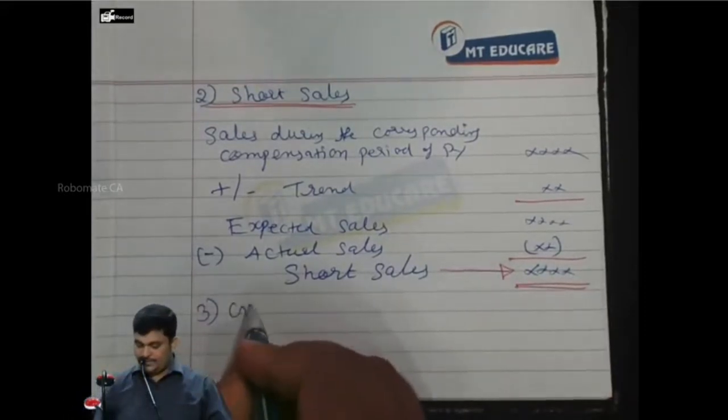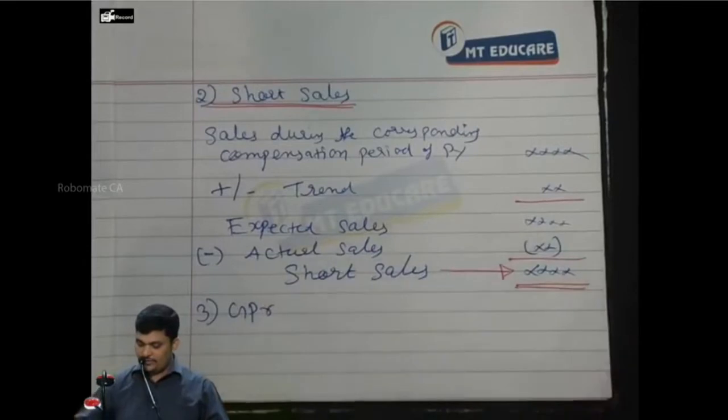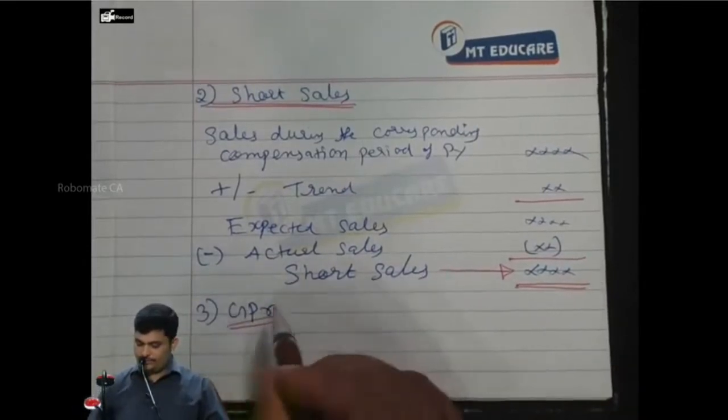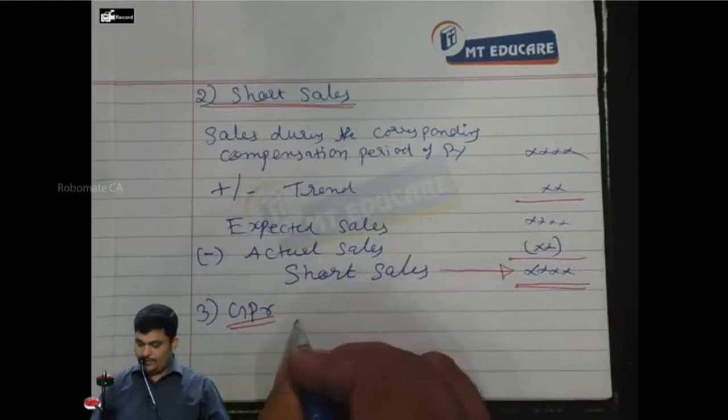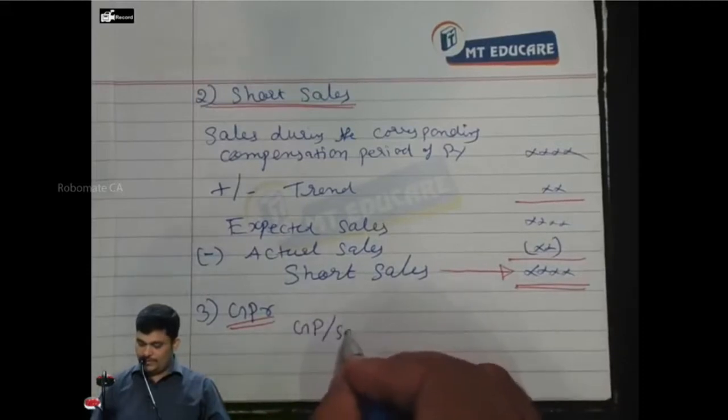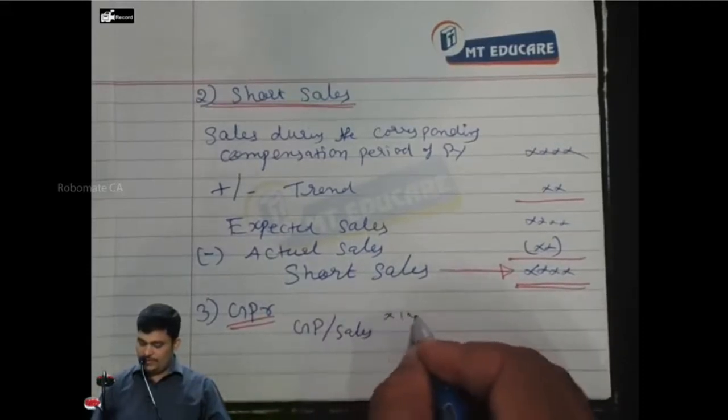Step 3, gross profit ratio. It will be gross profit by sales into 100.